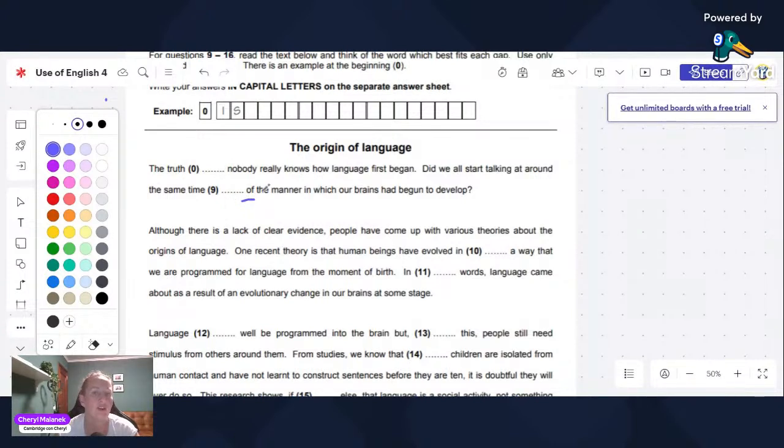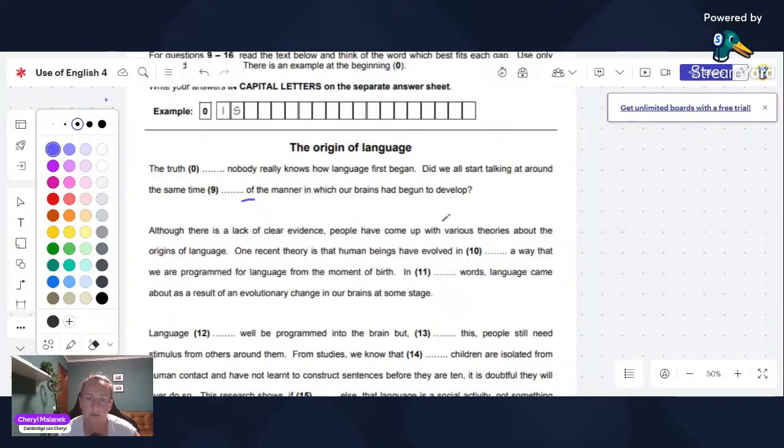Because of the manner in which our brains have begun to develop. Because of. So did this happen because of this? As a result of this. Okay, so of gives us our main clue there, but also these two different ideas. Okay, so the answer here, number 9, is because of.